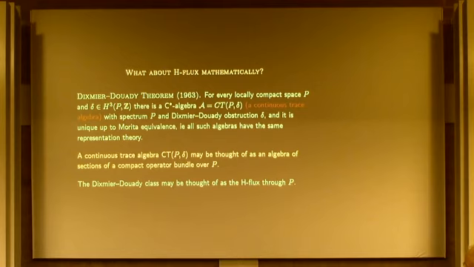It's unique up to Morita equivalence, so that all such algebras have the same representation theory. You can also think of this continuous trace algebra as being an algebra of sections of a compact operator bundle over the spectrum. In string theory, the Dixmier-Douady class gives the so-called H flux.